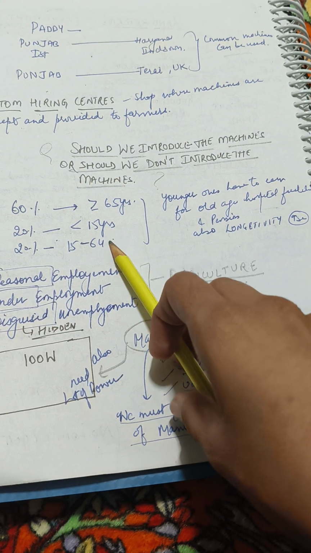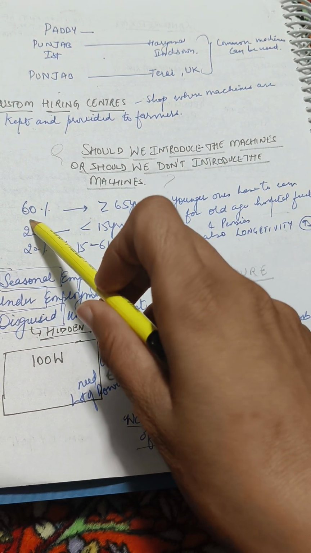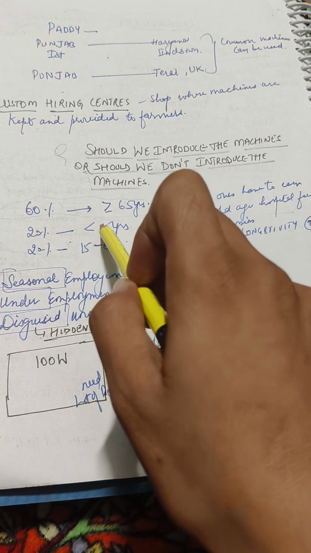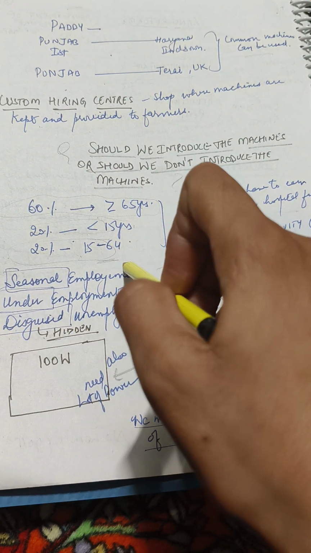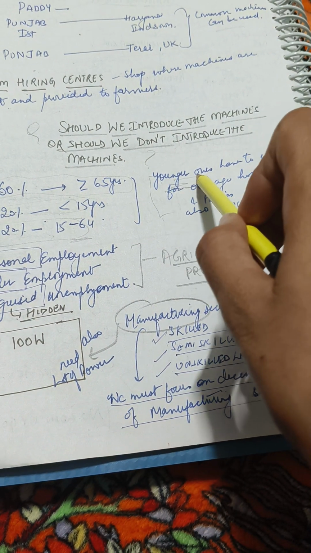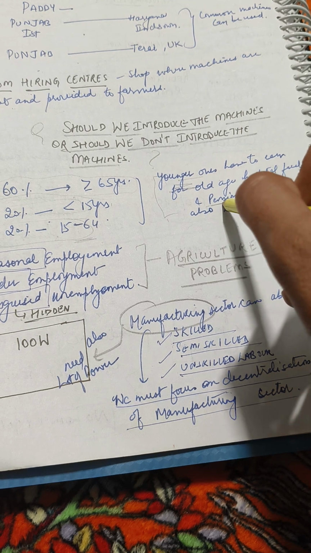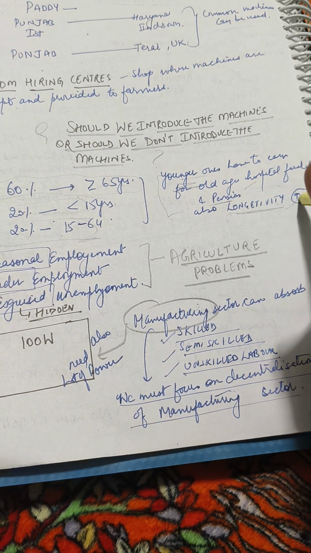So here we can highlight that the younger ones have to produce and work more so that we can give pensions or collect tax so that our longevity can grow.